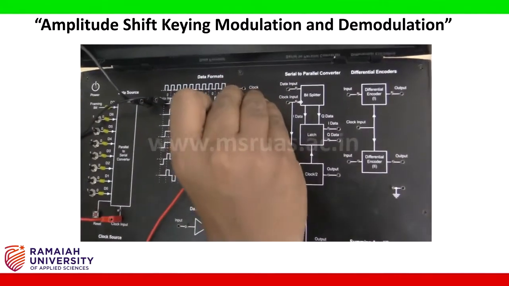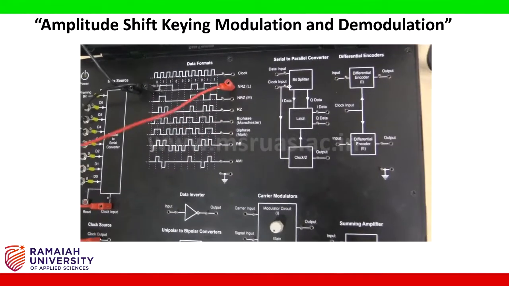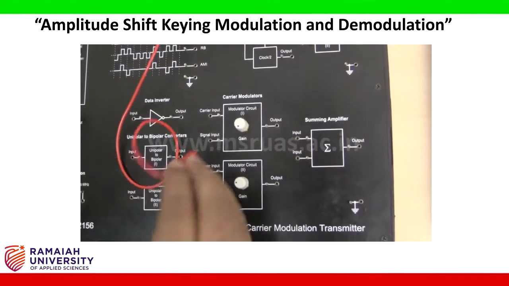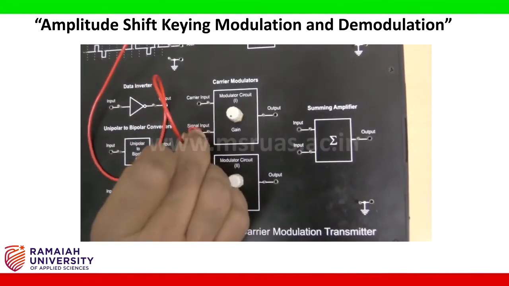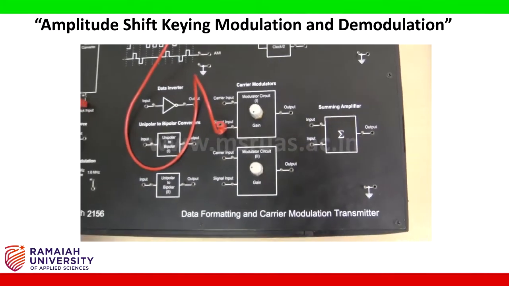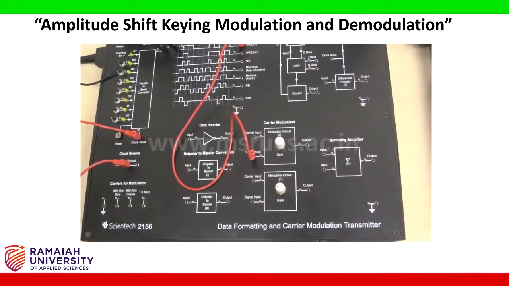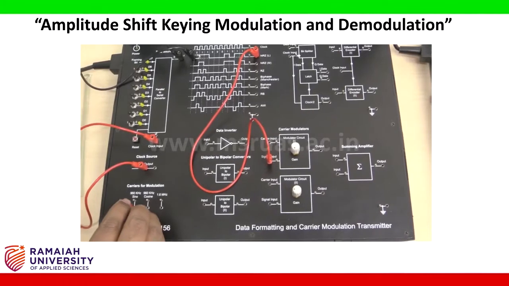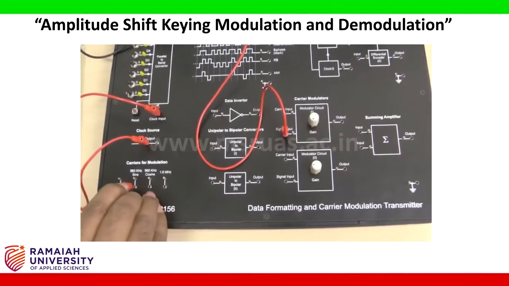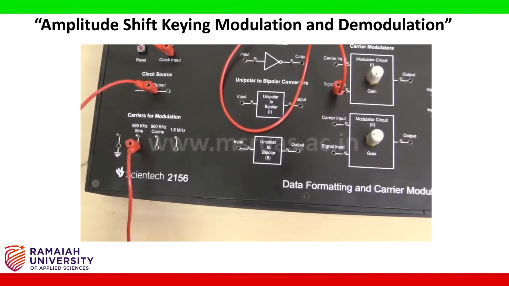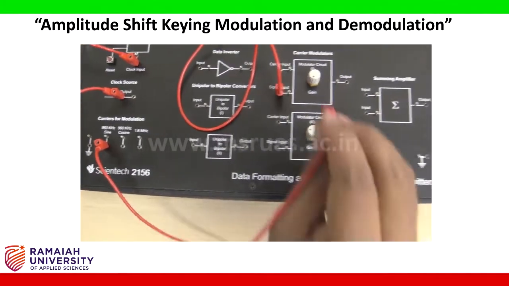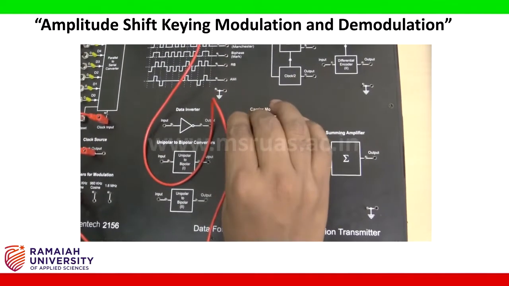Let's take NRZL, and connect it to the signal input, and take the carrier from the modulation 960 kilohertz to the carrier input.